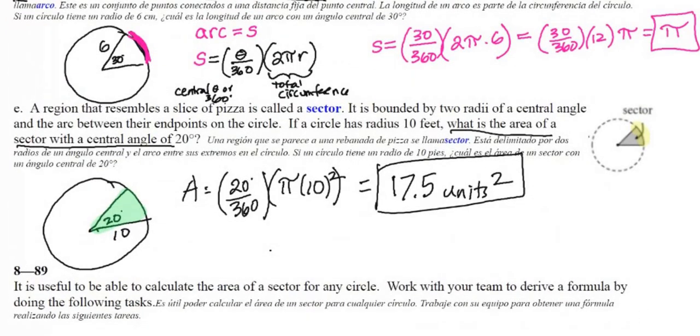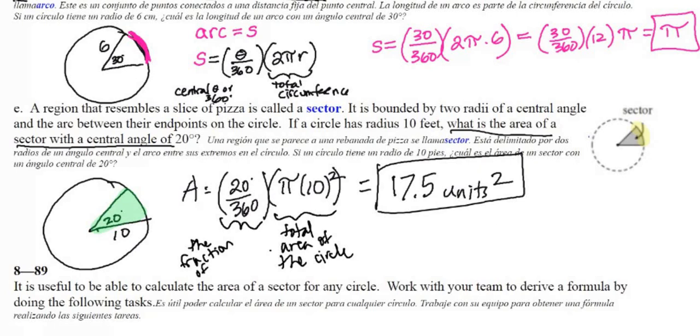So in 888, we have the area of the sector is the total area of the circle multiplied by the fraction of the circle the central angle takes.